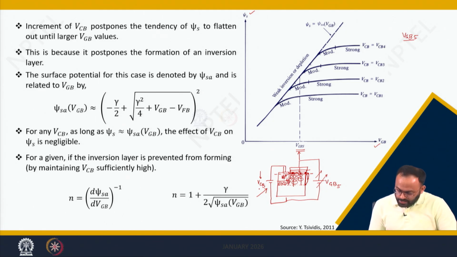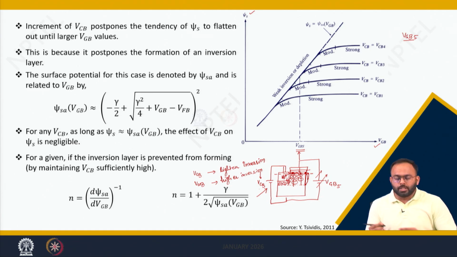So, an increase in VCB makes your inversion lighter, whereas an increase in VGB causes higher inversion. You can see the impact of these two voltages is opposite.